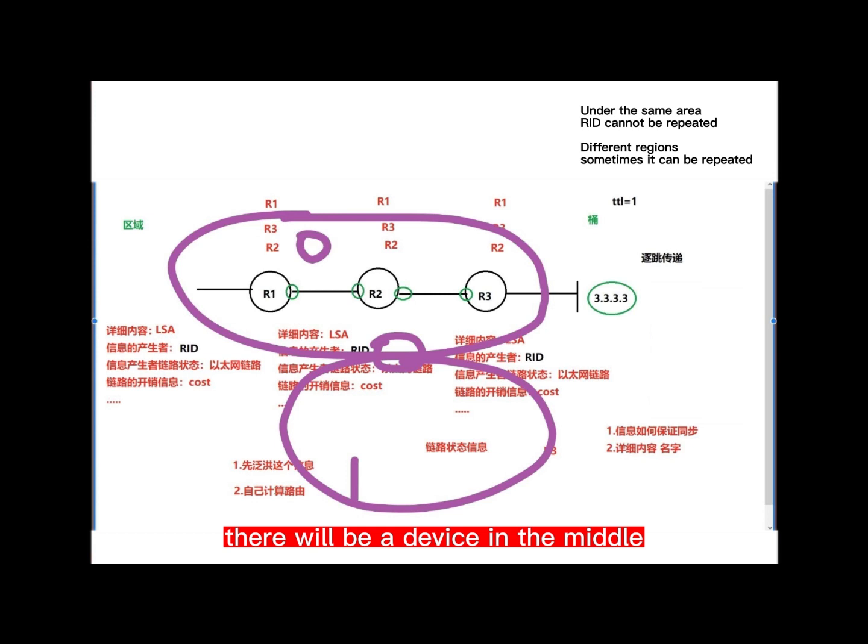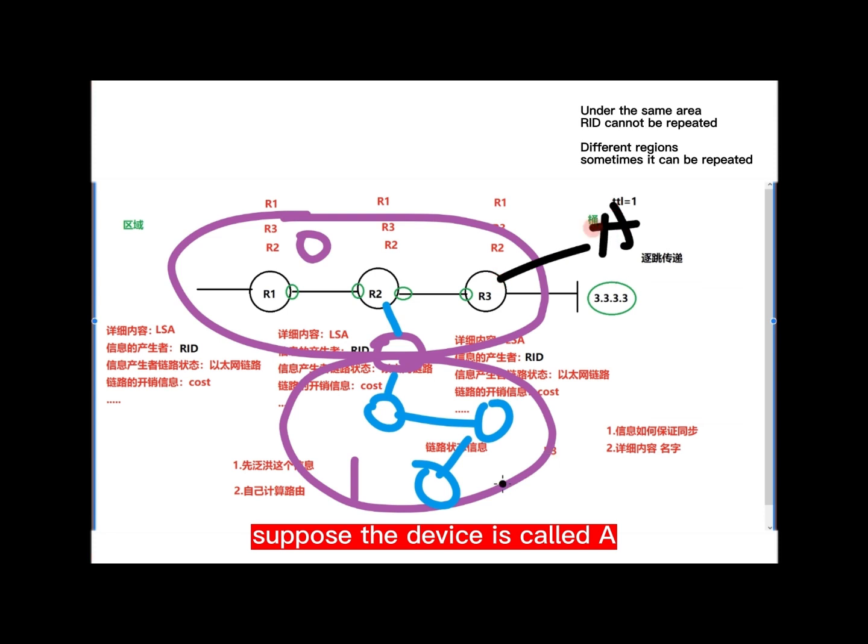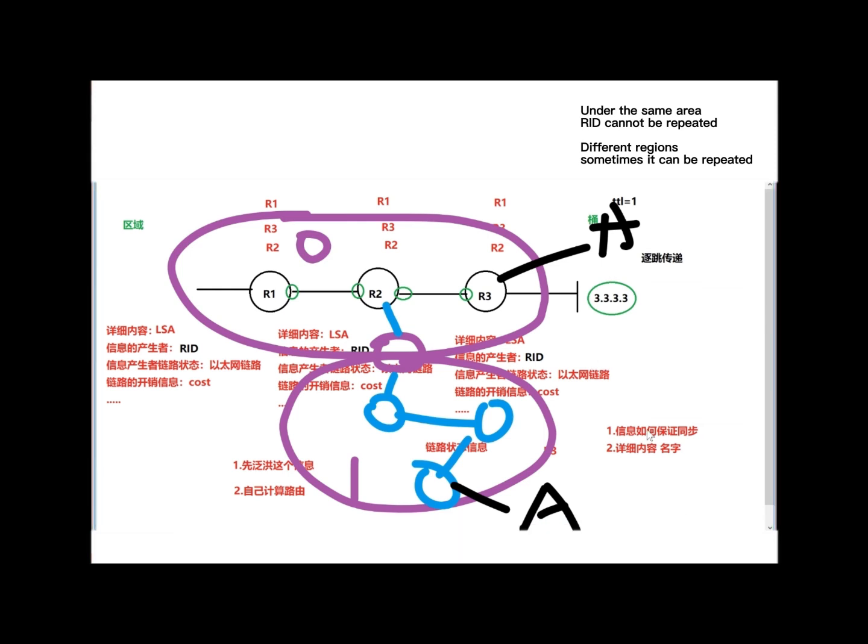Certainly, there will be a device in the middle. So here are the different devices. Suppose the device is called A. In fact, this device can also be called A. Then the two devices will perform no other data interaction. They can, but sometimes there is a problem.